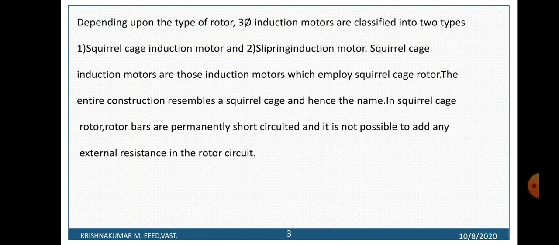It is cylindrical in shape. Slots are provided on its outer periphery. Then copper strips or copper bars are provided in these slots. The ends of the copper bars are electrically welded or soldered. Thus the rotor gets a squirrel cage construction.